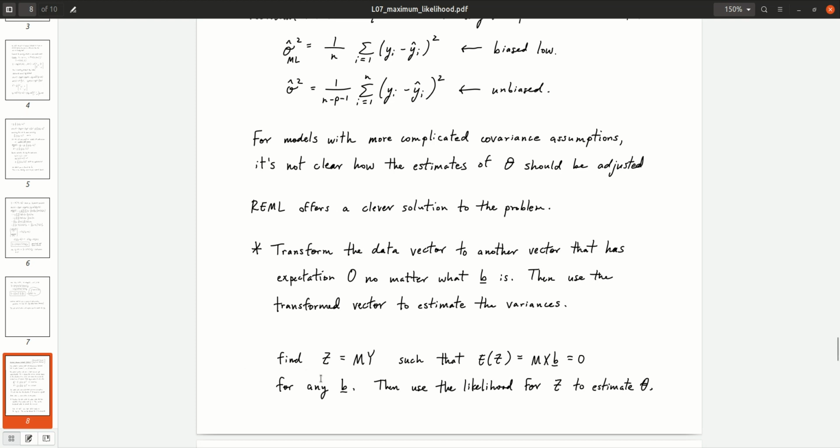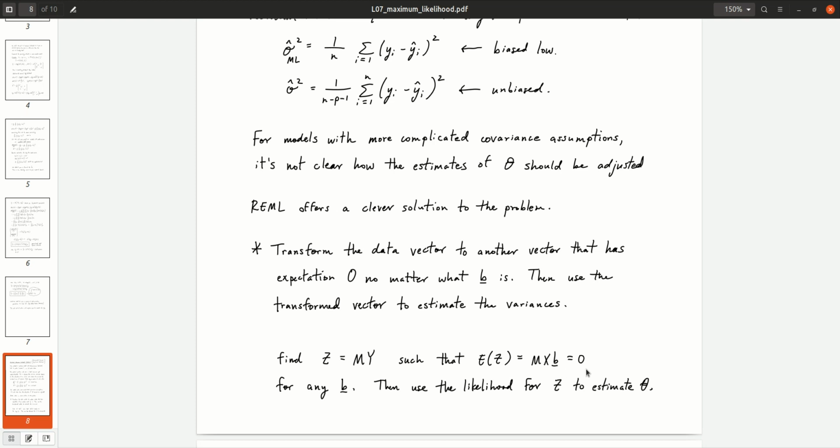So in a formula, it works like this. You have your data vector y. Here I'm writing it as the model for the data. And you do z equals m times y. This is what I mean by a transformed vector. We find some matrix m and multiply it by y to get z. But we're being very careful about how we pick this matrix m. We're picking it so the expected value of z, which in this case, using the formulas for expected values, is m times x times b, is 0.